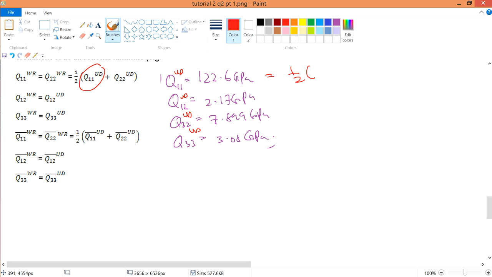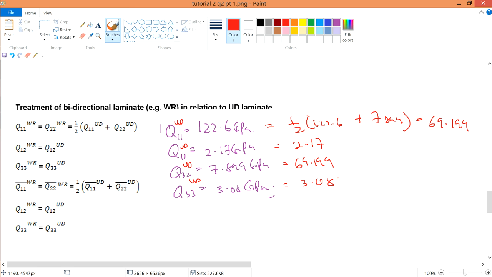Q11 UD is actually 122.6 plus Q22 UD, which is 7.899, so what I will have is 69.199, and the rest follows. I will not go into details. This value is for your Q11 WR, woven roving. This one is for your woven roving also. These are all for your WR already.